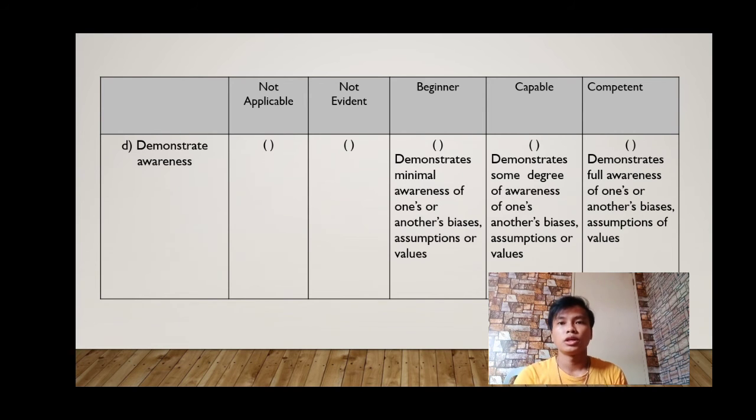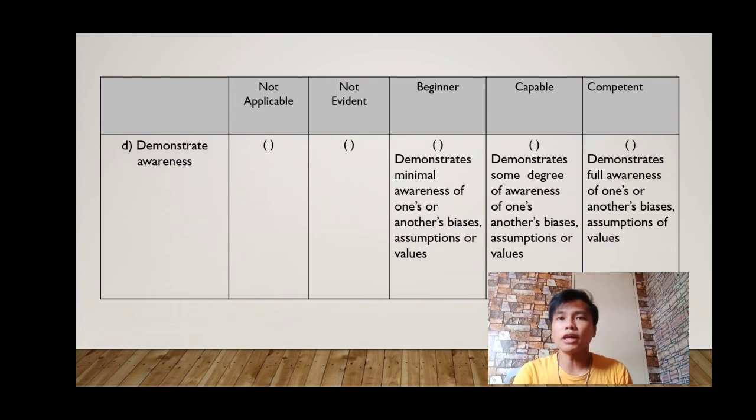So the next category is the capable category. In the capable category, the students can demonstrate some degree of awareness of one's or another's biases, assumptions, or values.